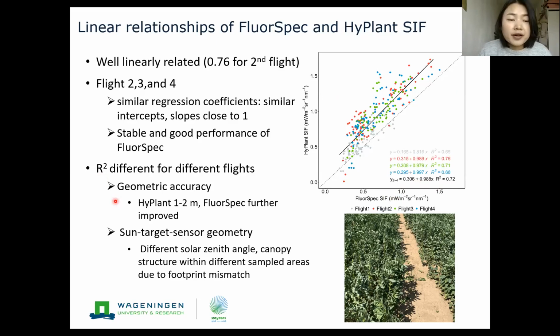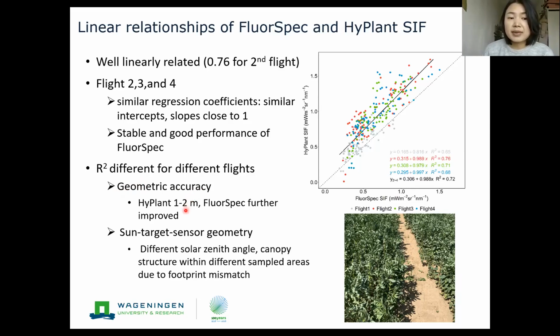But we also found the R squared was different for different flights. For example, for the first flight it was 0.65, and the second one is 0.76. So we think that there were 2 possible reasons. The first one would be the geometric accuracy.